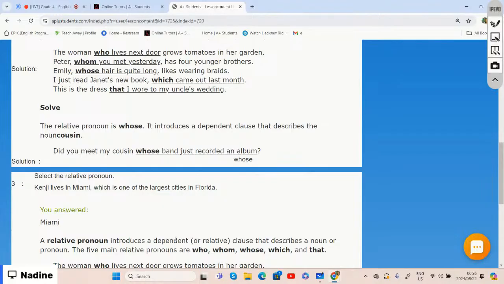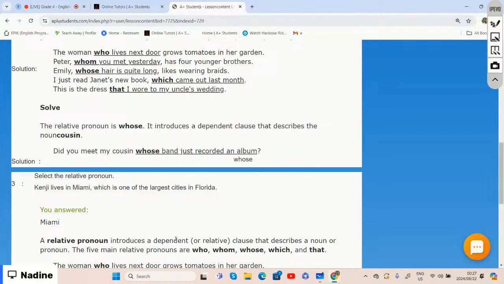It says, Kenji lives in Miami, which is one of the largest cities in Florida.